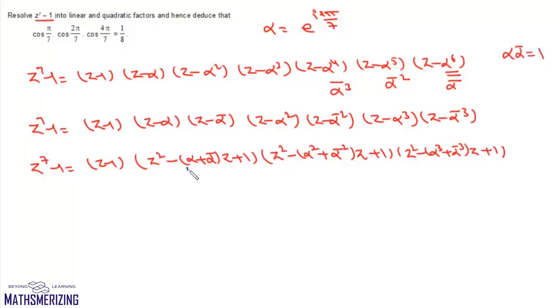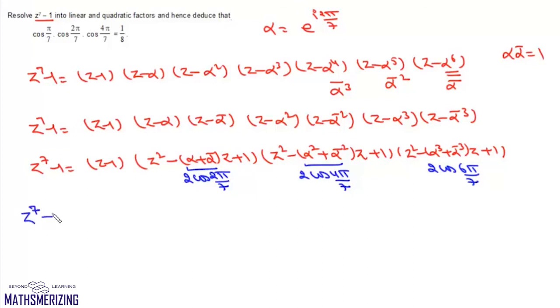Now alpha plus alpha bar is 2 cos 2 pi by 7, this is 2 cos 4 pi by 7, and this is 2 cos 6 pi by 7.